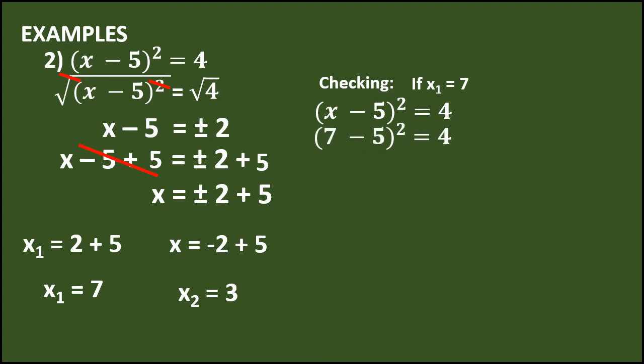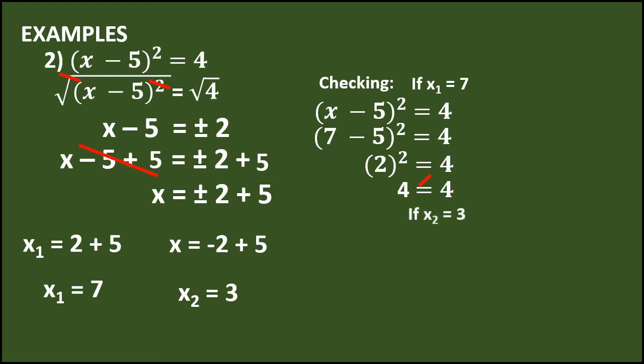Our x will become 7, so it will become quantity 7 minus 5 quantity squared equals 4. And 7 minus 5 is equal to 2. And 2 squared is equal to 4. If they are equal to each other, meaning we are going to accept that solution, which is 7.